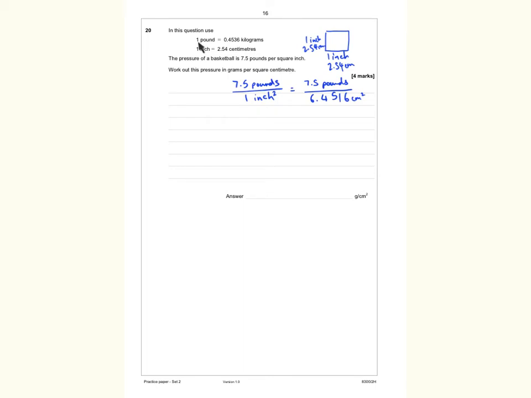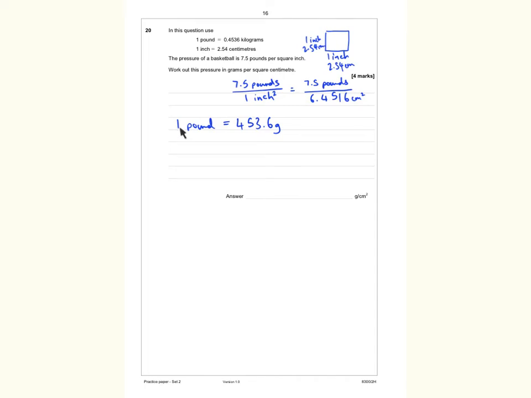So here we know that 1 pound is 0.4536 kilograms, and I'm going to put that in grams. I'm going to say that 1 pound is equal to 453.6 grams, because to take us from kilograms to grams is times by 1,000. So 453.6 grams.